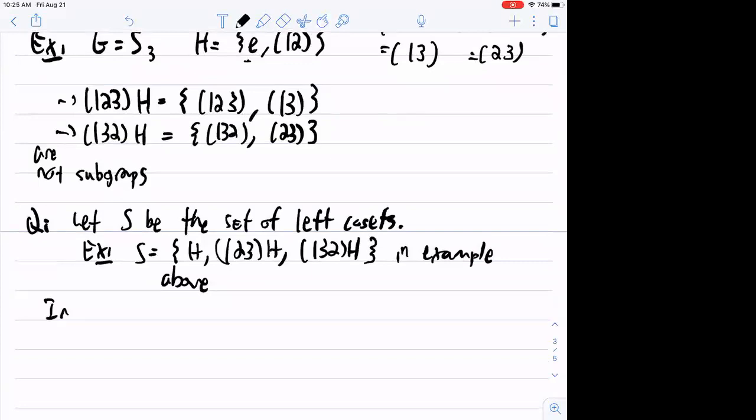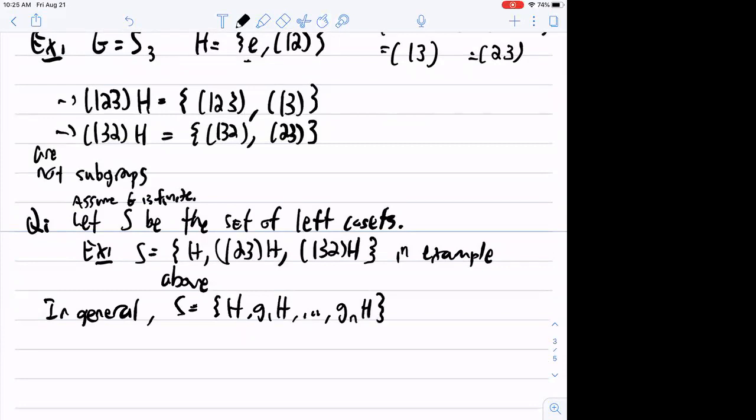In general, it depends on what the group is, but in general it's H, G1H. Let's assume G is finite for now, just so I could write Gn.